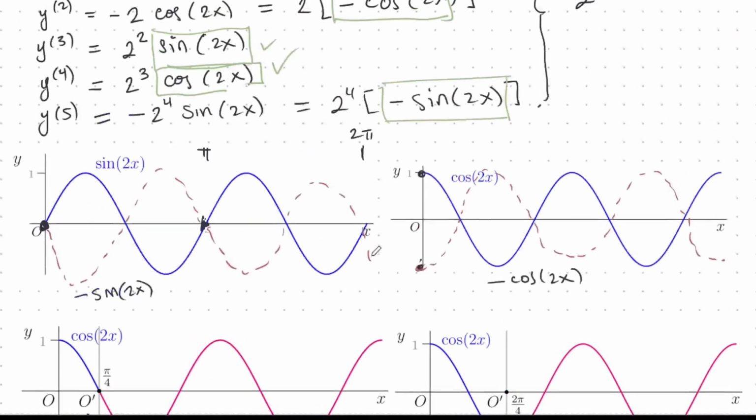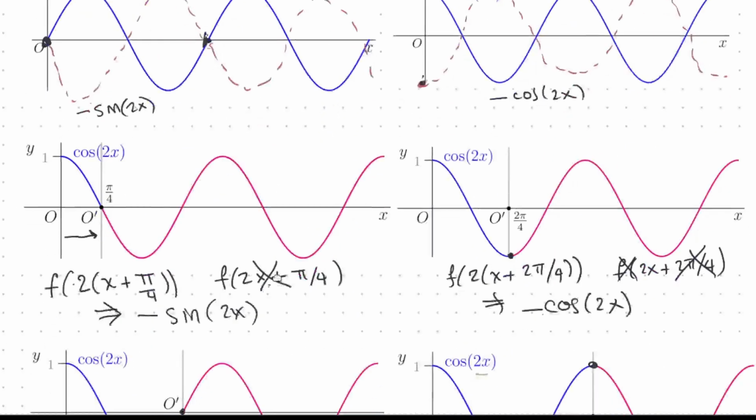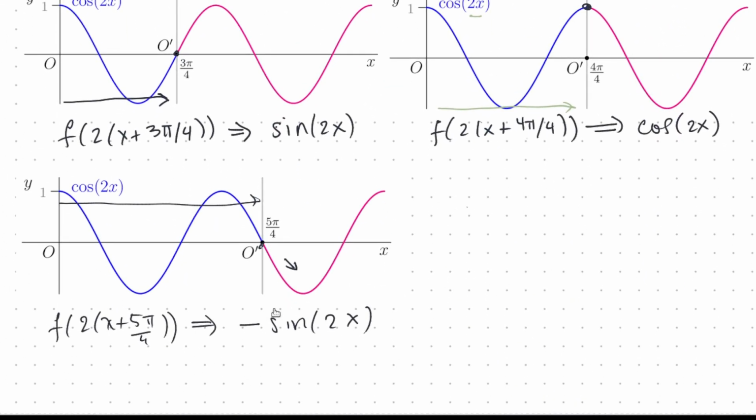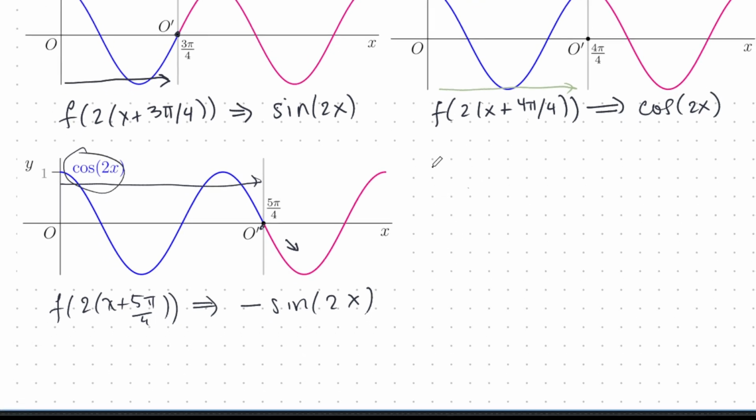Oh yes, let us not forget this factor here in front of everything. We'll put everything together. We begin with cos, and we are shifting cos, so we can now do it like this.